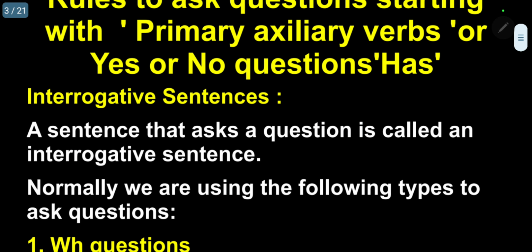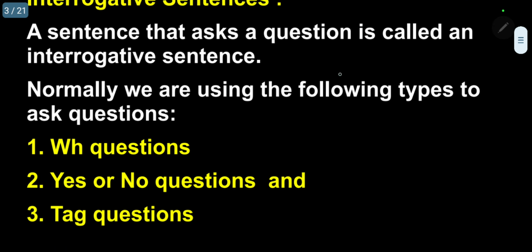What is an interrogative sentence? A sentence that asks a question is called an interrogative sentence. Normally, we use the following types to ask questions.